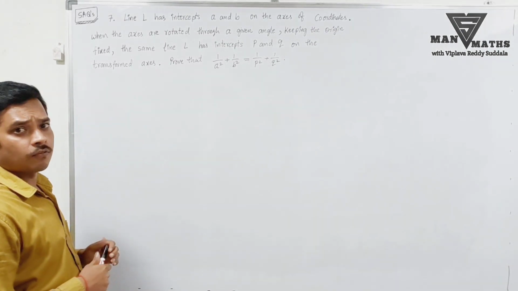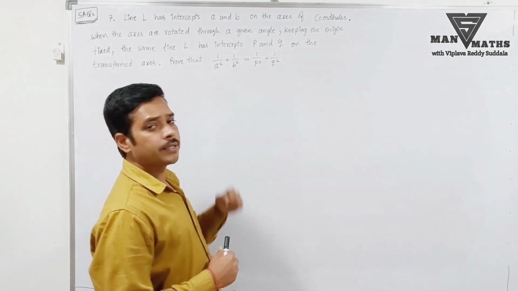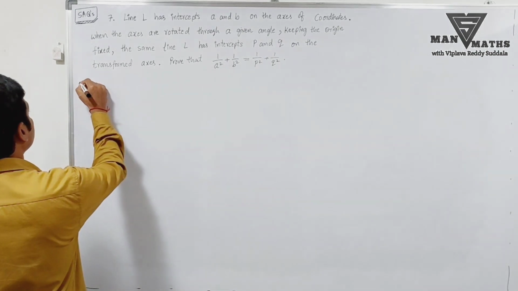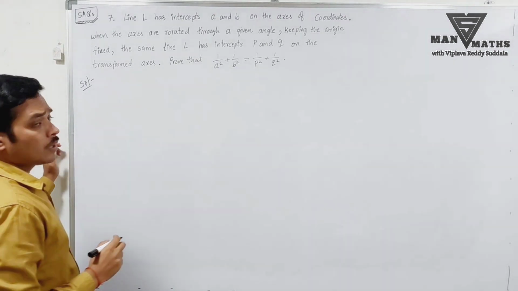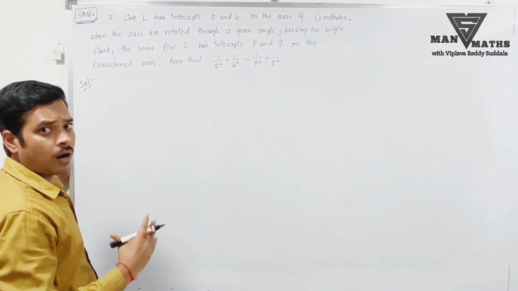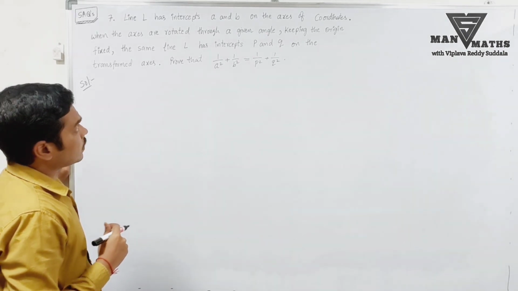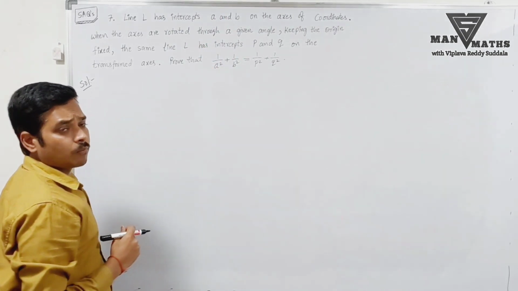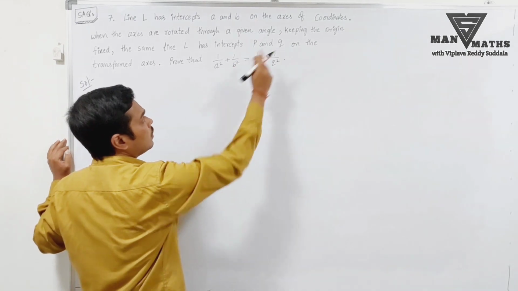Then prove that 1 by a square plus 1 by b square is equal to 1 by p square plus 1 by q square. Intercepts are given before rotation and after rotation. Before rotation, the intercepts of the line are a comma b; after the rotation, the intercepts are P comma Q.